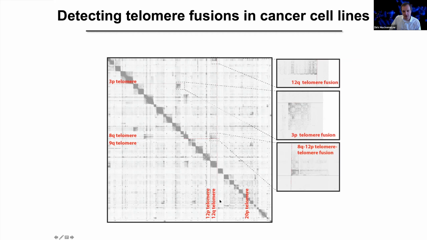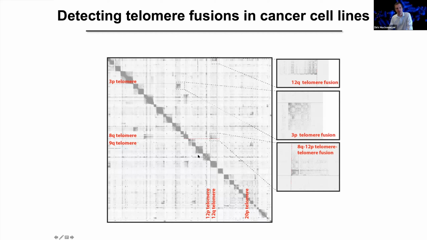And then here we can identify a true telomere-telomere fusion where the 12p arm is making contact to an 8q telomere fusion, arguing that this particular cancer cell that we have identified went through a telomere-driven genomic instability state that can be detected with Hi-C.